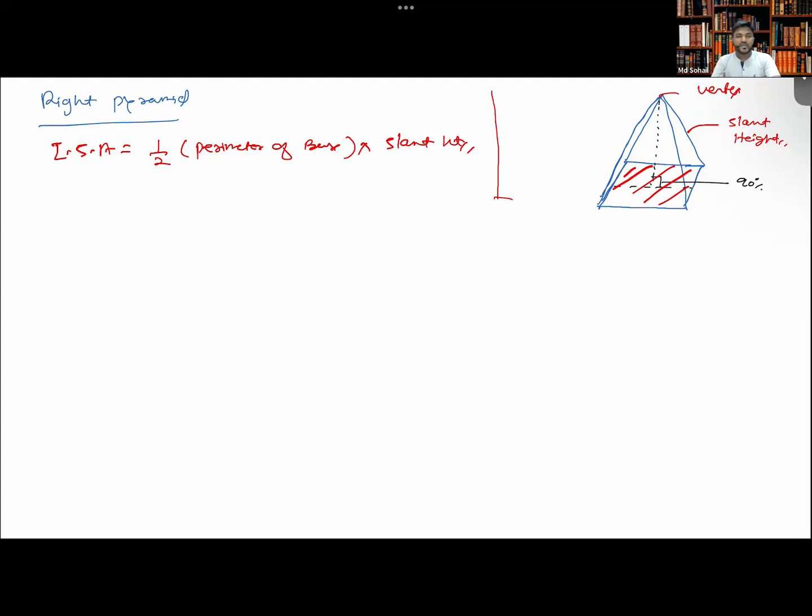Getting it? Any confusions to you guys so far? No, sir. Okay. So differentiate between the concave and convex polyhedron.